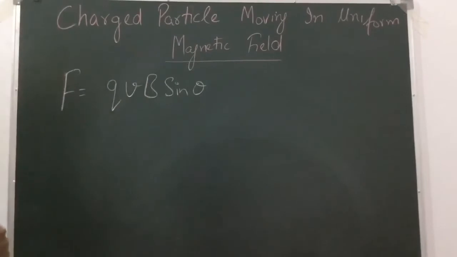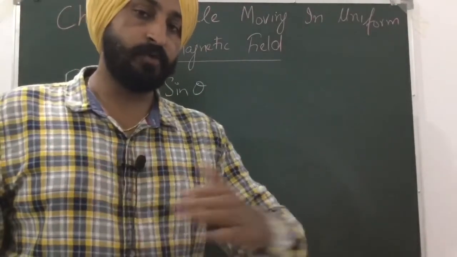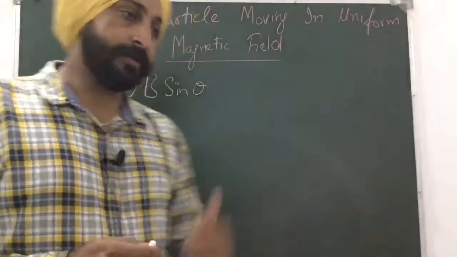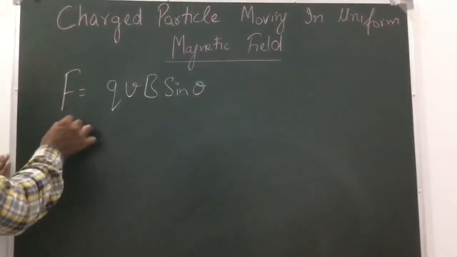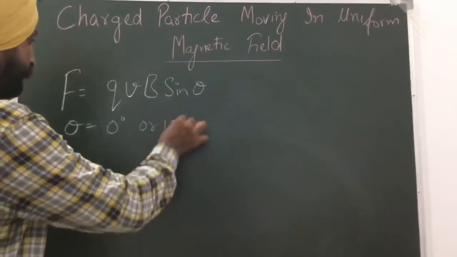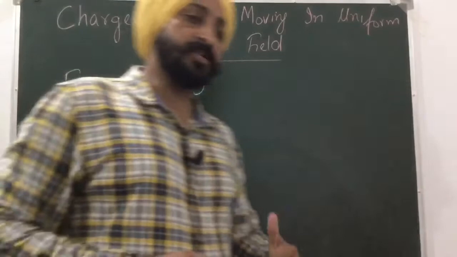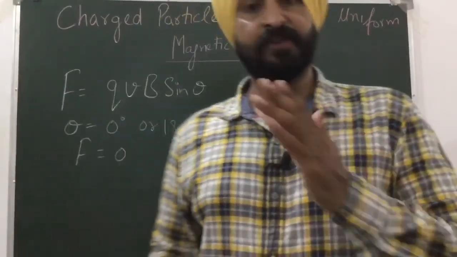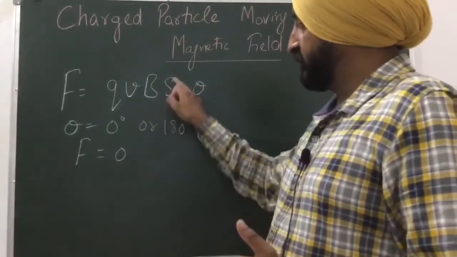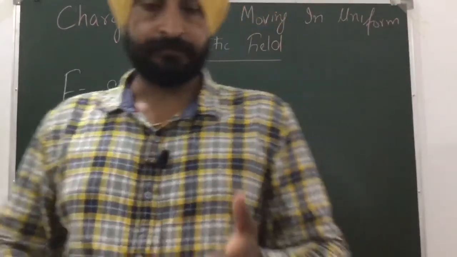From this formula it is evident that if a charged particle is moving in the magnetic field either parallel or anti-parallel, that means theta is equal to 0 degrees or 180 degrees, then the force experienced by that charged particle would be 0. Because sine 0 is 0, sine 180 again 0. So there will be no force in that case.